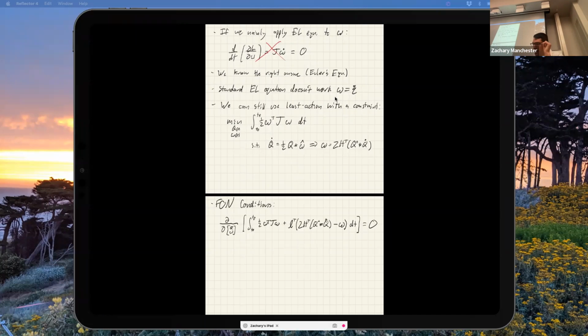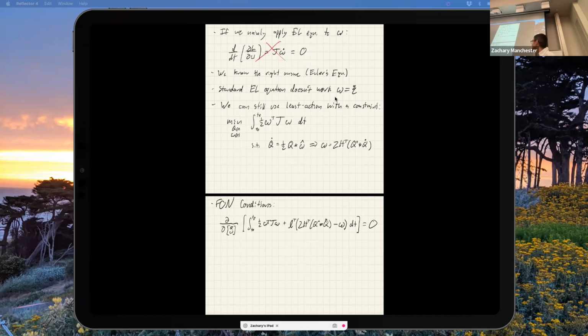And you can guess where this is going. We know from before this term spits out a J omega dot. This stuff is going to end up spitting out that omega cross J omega term from Euler's equation. It's coming from this constraint. It's telling you how to glue together the pose stuff with the velocity stuff, right?